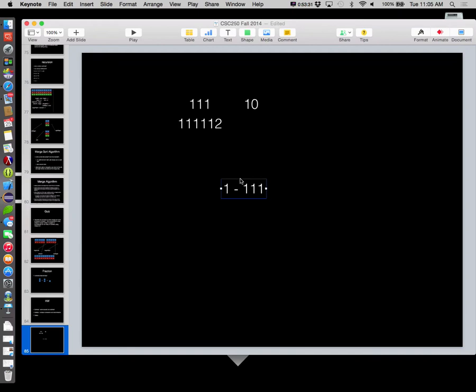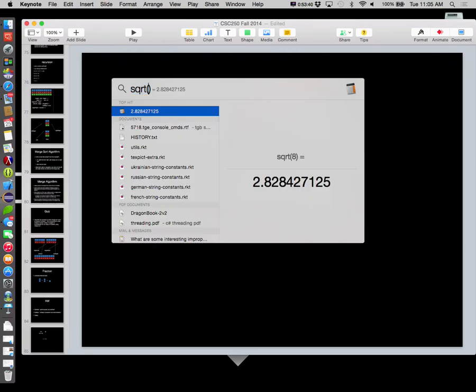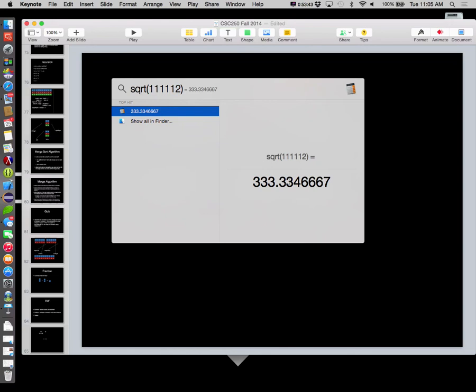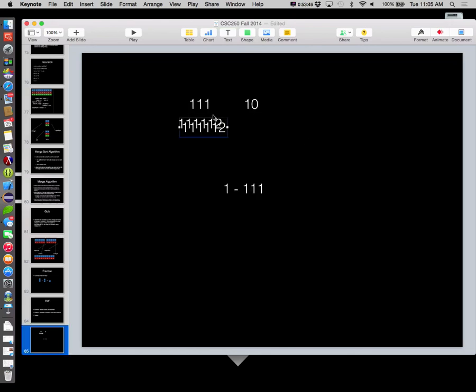Well, let's go a little bit different route. Here's this number, .33, good enough. So there's the square root of both of our numbers. Right now, I'm testing every single number between 1 and 111 to see if it's evenly divisible by this guy and evenly divisible by this guy.